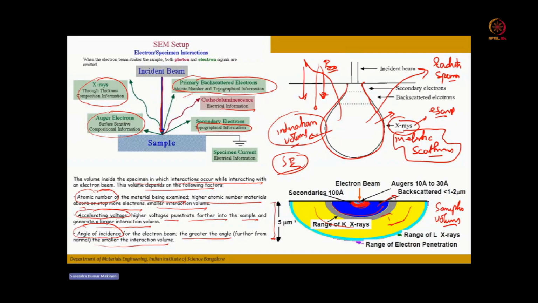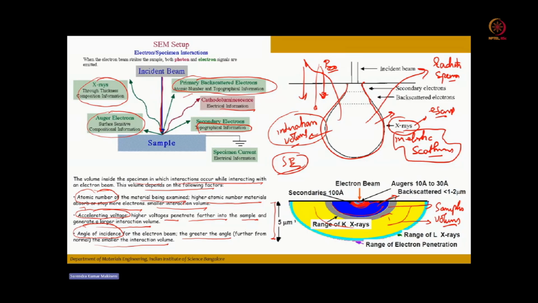For example, the sampling volume for X-rays is much larger than the sampling volume for backscattered electrons, which is larger than that for secondary electrons. So what is the definition of sampling volume? The volume of the material which contributes to the signal.